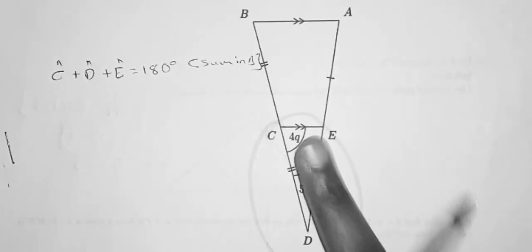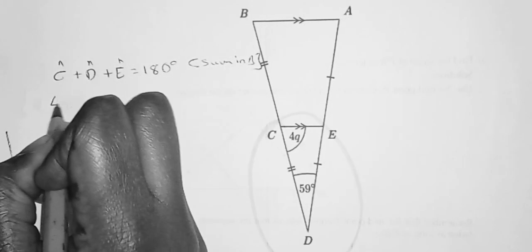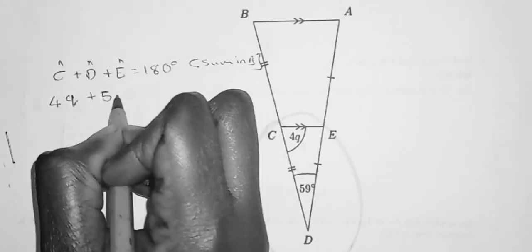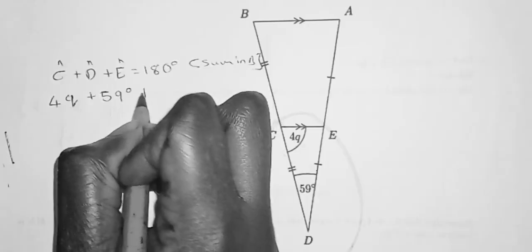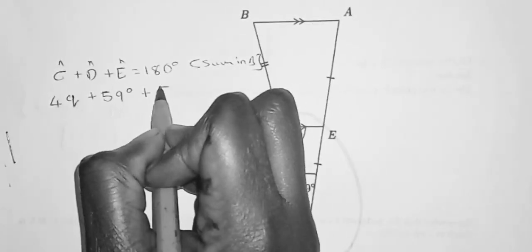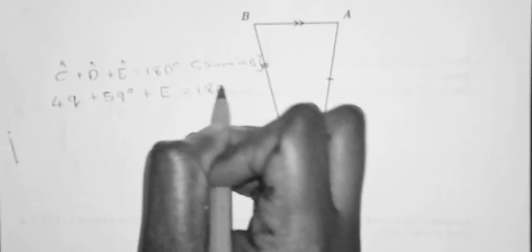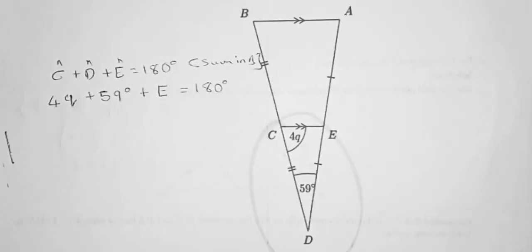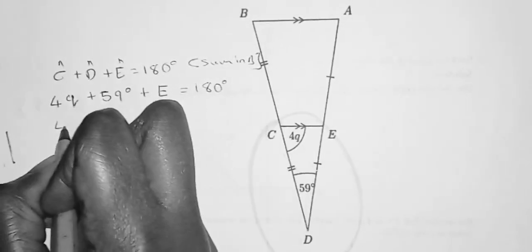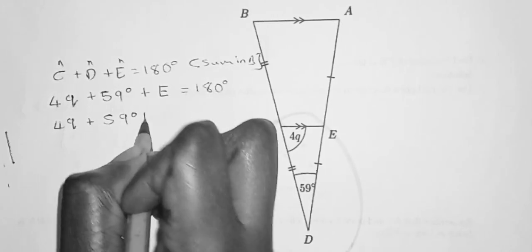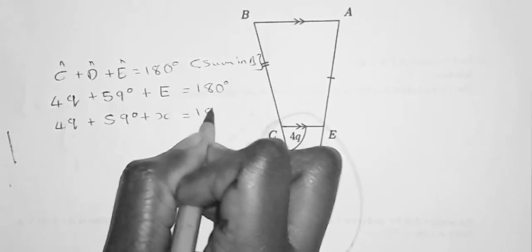C is equal to 4Q, D is equal to 59 degrees, and E we don't know. So E will be X. 4Q plus 59 degrees plus X is equal to 180 degrees.